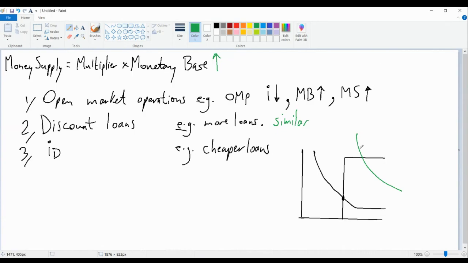But of course, if we're in this situation here, where the banks need all these extra reserves, chances are, because the demand for reserves has risen so much, the demand for reserves suddenly rises. That means the banks suddenly need a lot more reserves, which means they're probably slashing their reserve ratios.